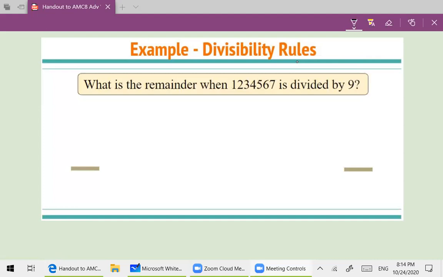Okay, I'll just go over this now. So 1 plus 2 plus 3 plus 7 equals 13, which is congruent to 4 mod 9. So this is congruent to 1 mod 9.